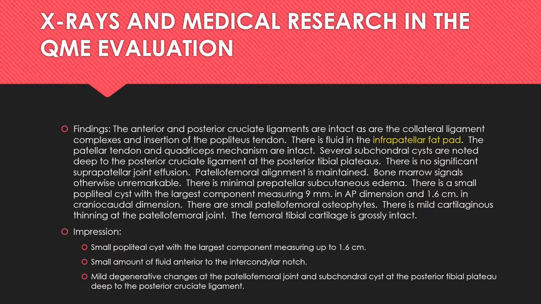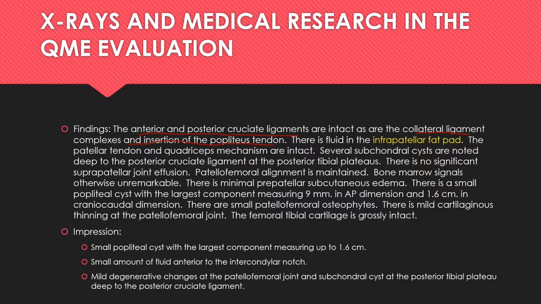So the medical radiologist described that the anterior and posterior cruciate ligaments are intact, as are both the medial and lateral collateral ligaments. All 4 stabilizing ligaments circumferentially around the knee are intact, as well as the insertion of the popliteus tendon.